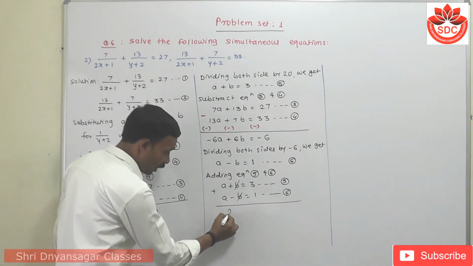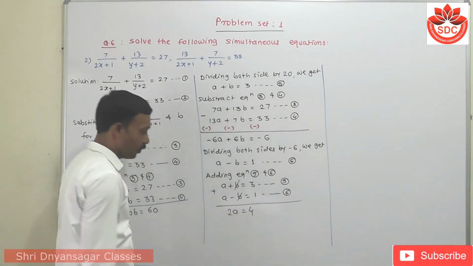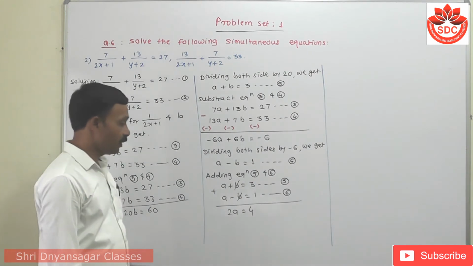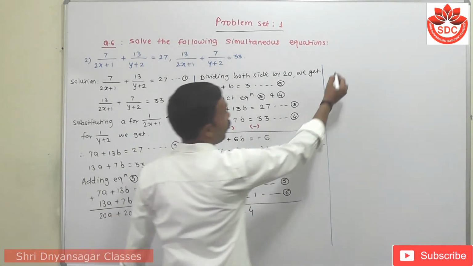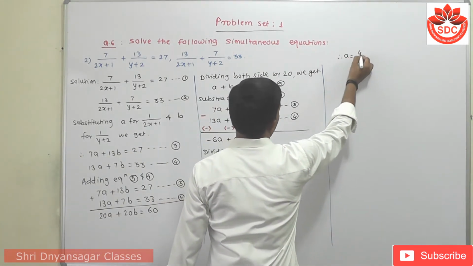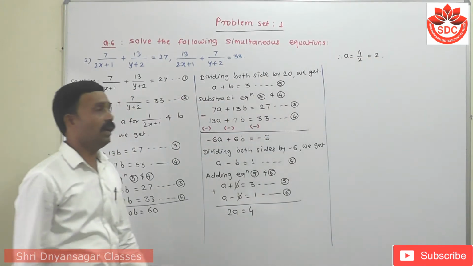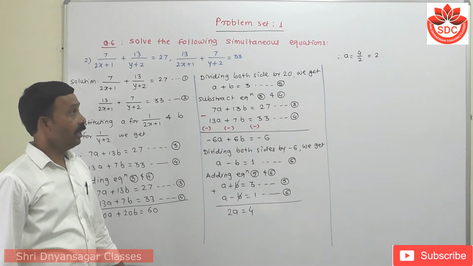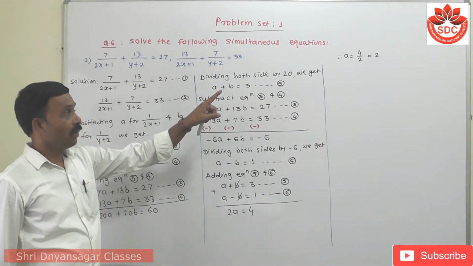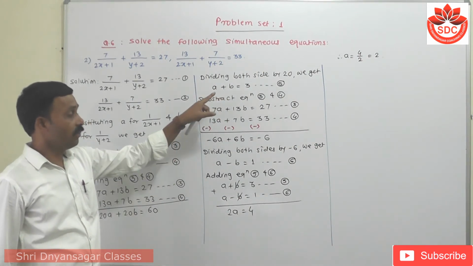Addition becomes twice a is equals to 4. Then a is equals to 4 upon 2, which is how much? 2. Therefore the value of a is 2. Then we substitute this value of a in equation 5 or 6.